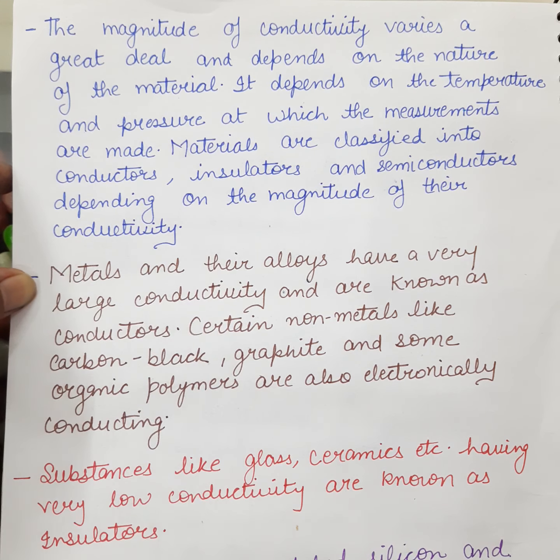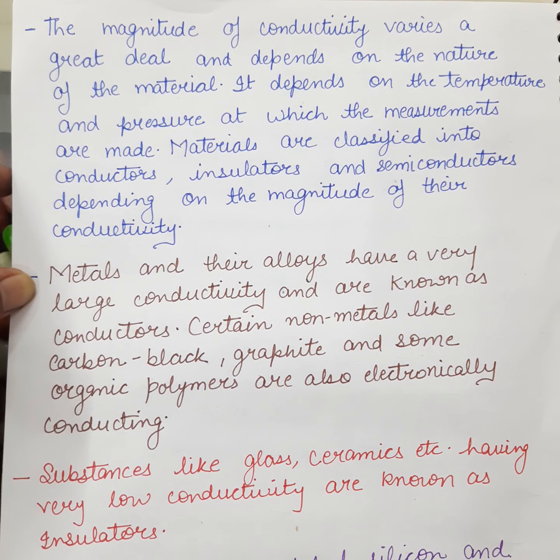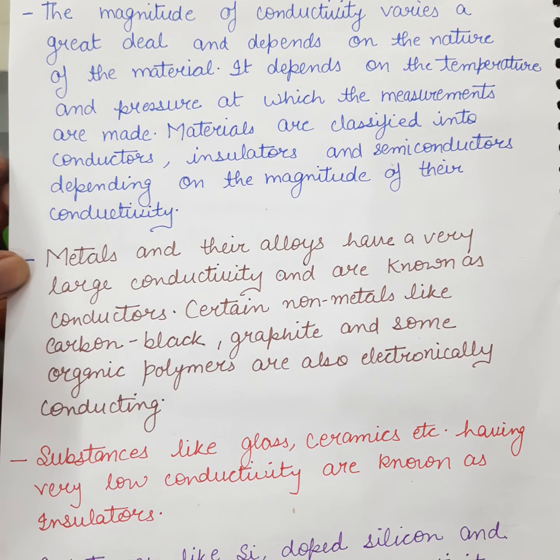So students, what are conductors? You all know that conductors are substances which have a very large conductivity, like metals, alloys, carbon black, and graphite, which are electronically conducting. Substances like glass, ceramics, etc. having very low conductivity are known as insulators.